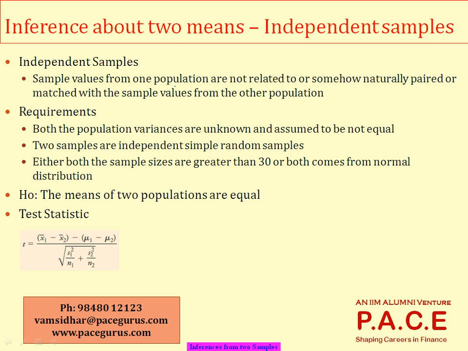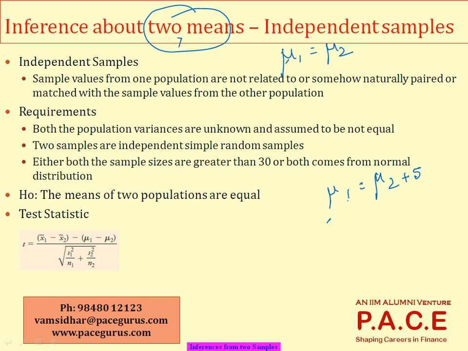Now, moving on to our next test. Inference about the two means. So again, a simple null hypothesis is mu1 equal to mu2. Or sometimes people say the average height of Americans is 5 centimeters more than the average height of Indians.